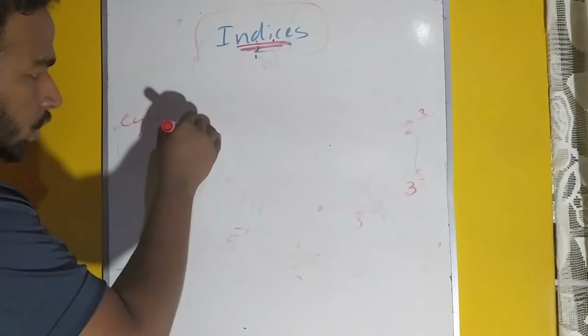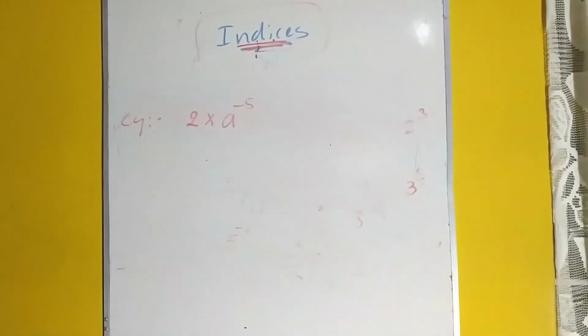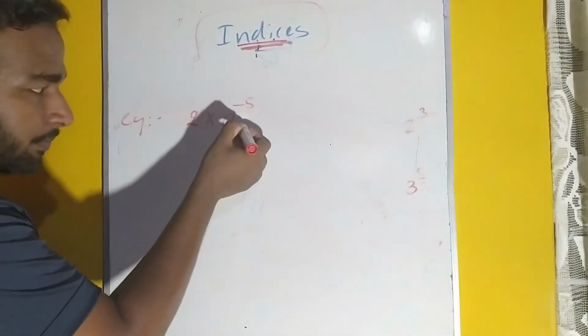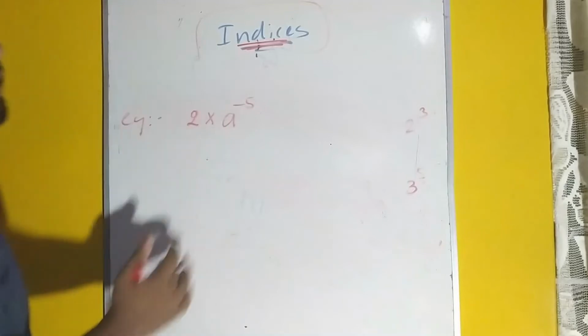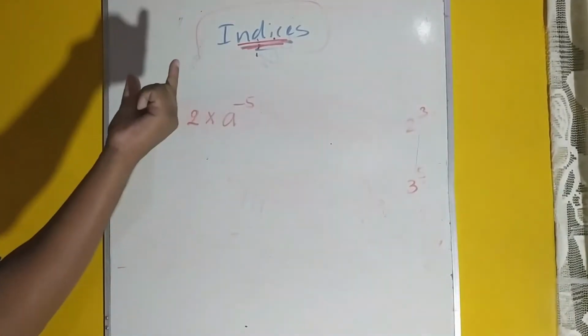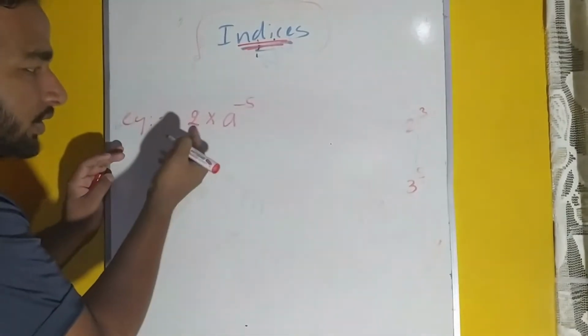If it is like this, 2 into a to the power minus 5. Okay, 2 into a to the power minus 5. If they are given like this, here see, the power of a is only negative. Not for all, only the power of a is negative. That means you should change only this a, not this 2.